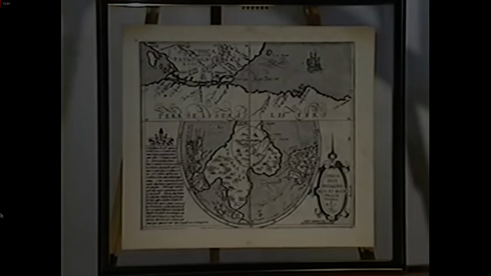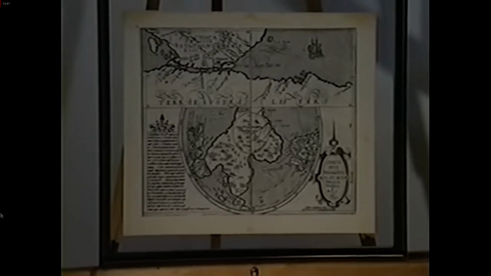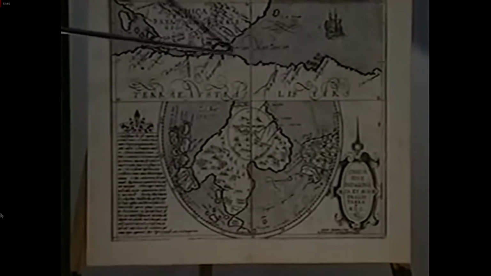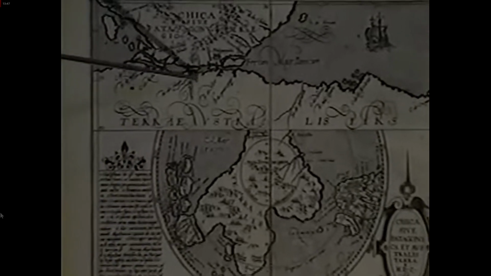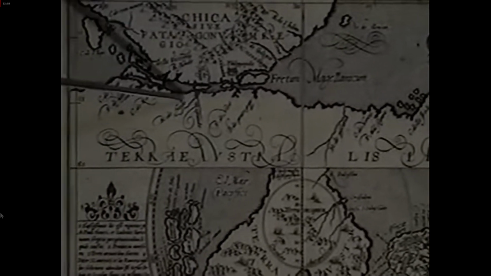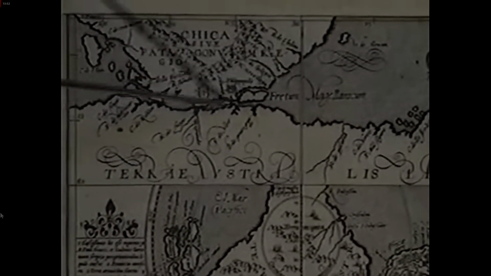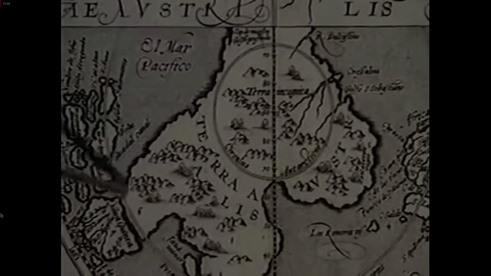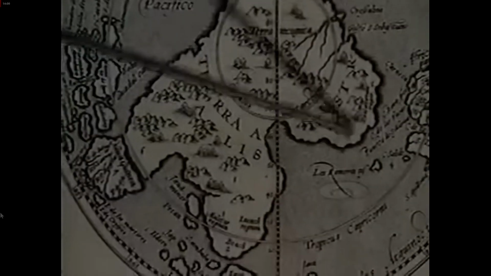This is Terra Australis. There are many significant things concerning this map. It is actually two maps. This right here shows the Straits of Magellan, which are called Magellanicum. This right here is Terra Australis, but it actually looks more like Antarctica we know it today.